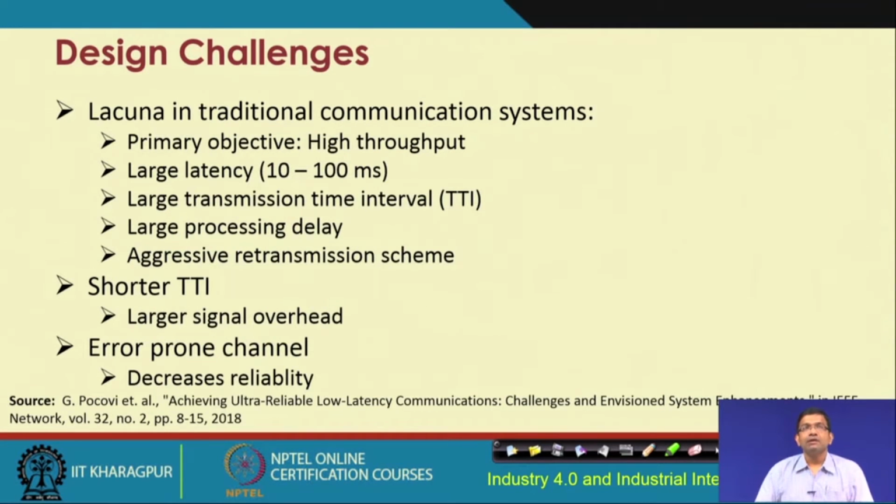So, here we need shorter TTI systems which will provide quite faster, prompt, low latency communication, with larger signal overhead. Basically the signal overhead is going to increase. Additionally, we have to deal with challenges of errors, error prone challenges which decrease the reliability.